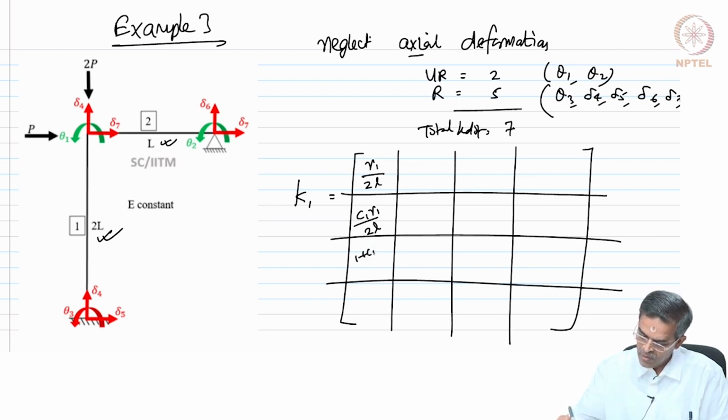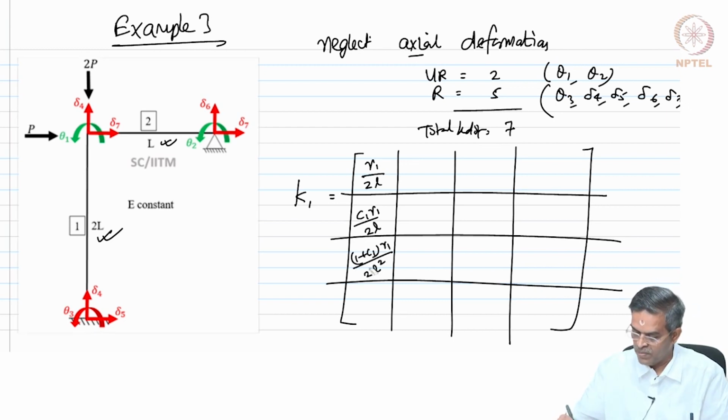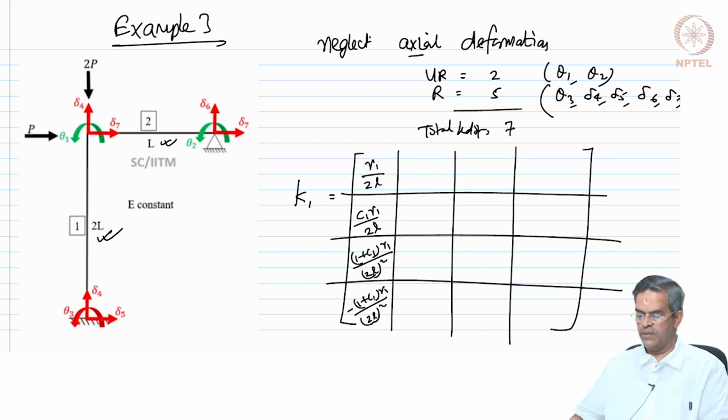So 1 plus C1 of R1 by 2L square, sorry, by Li square, so that is 2L the whole square, okay. So the negative of this 1 plus C1 R1 by 2L the whole square.